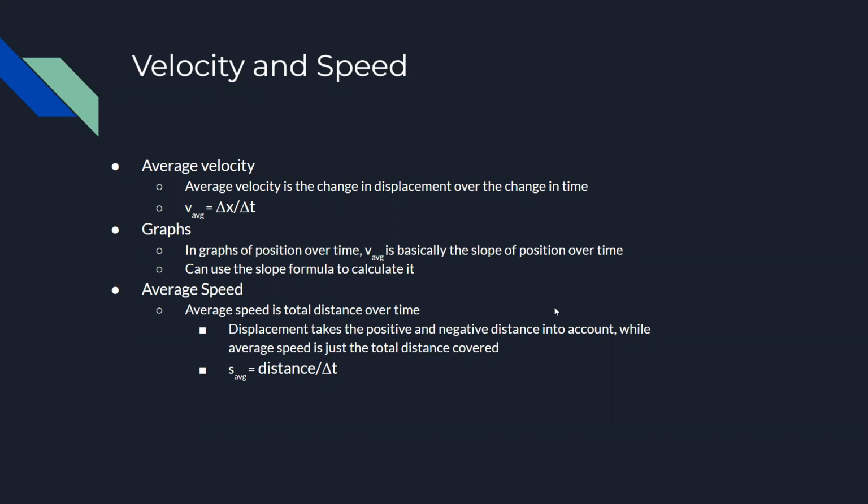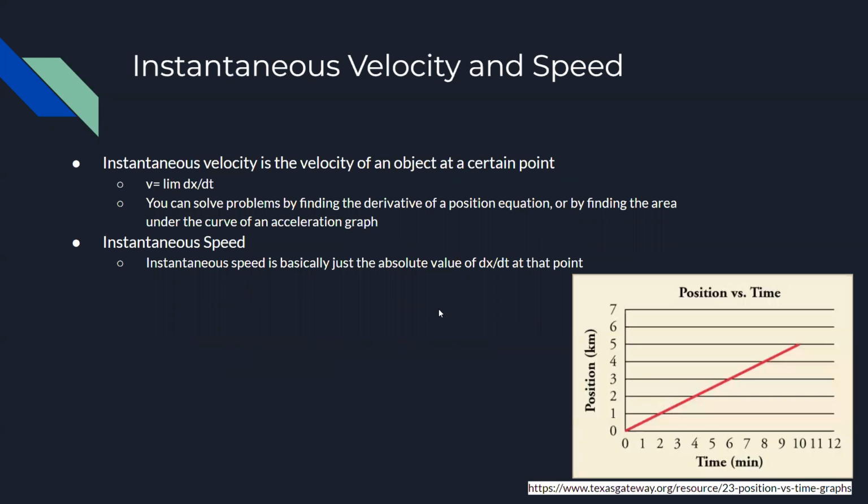So displacement takes the positive and negative distance into account, while average speed is just the total distance covered. To find average speed, you find the total distance by taking the absolute value of the different positions and adding them up, over the total time, which is the final time minus the initial time. So that's how you find average speed.